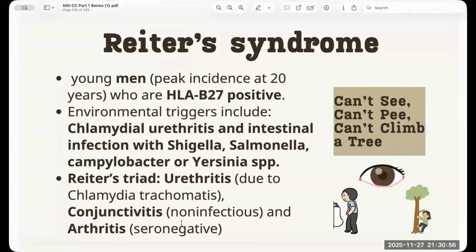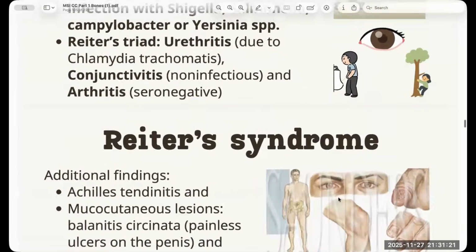Okay? Seronegative. This is like a lab finding. To remember that, we always say the mnemonic: can't see, can't pee, can't climb a tree. So can't see, conjunctivitis; can't pee, urethritis; can't climb a tree, arthritis. Okay? I attached some visual figures here to help you memorize.